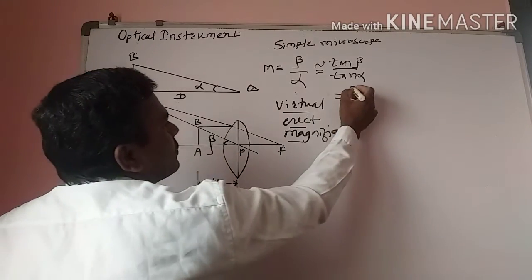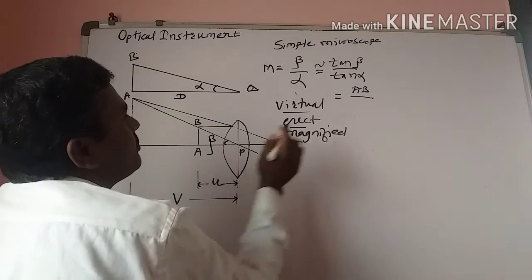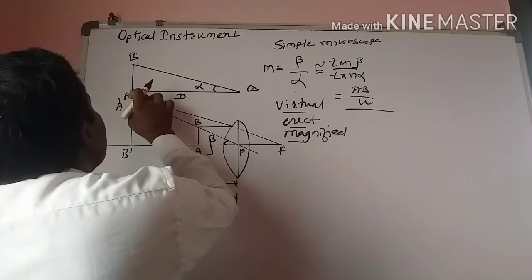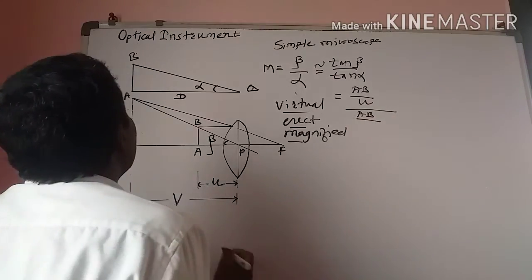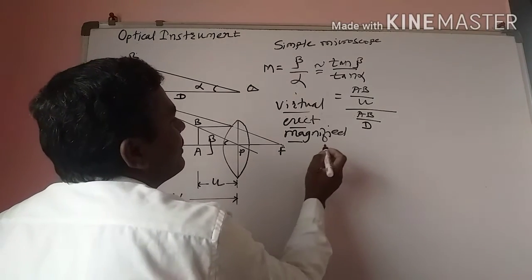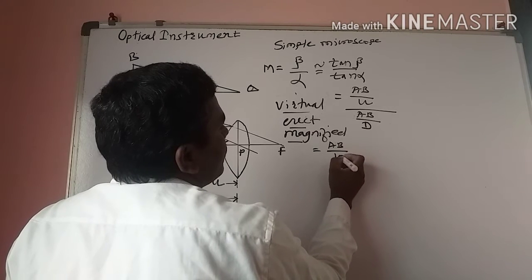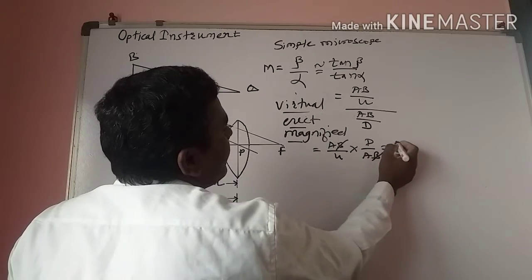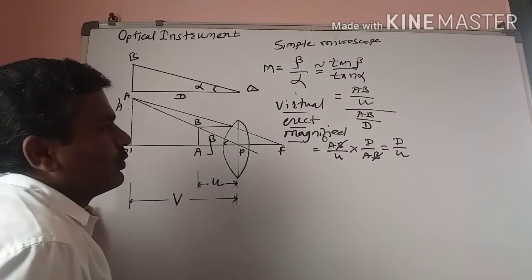Opposite is AB, adjacent is the object distance U. Tan alpha is opposite upon adjacent; opposite is AB and adjacent is the distance of distinct vision, D. So we get AB upon U into D upon AB, AB cancels, and we get D upon U as the magnifying power of the simple microscope.